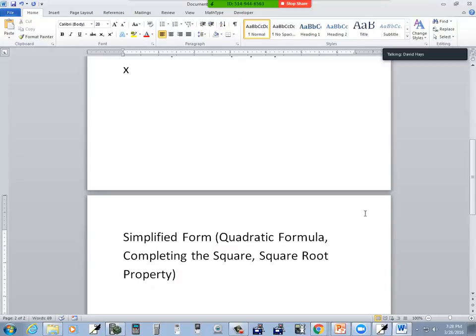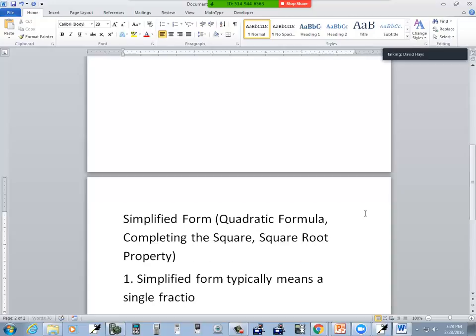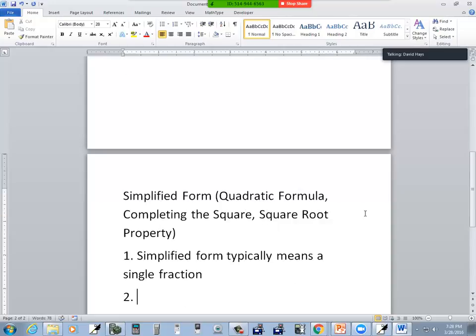And it actually applies in a few other places too. Now the first one we saw with an example. Simplified form typically means a single fraction. Now there are going to be some exceptions to that we'll talk about though.